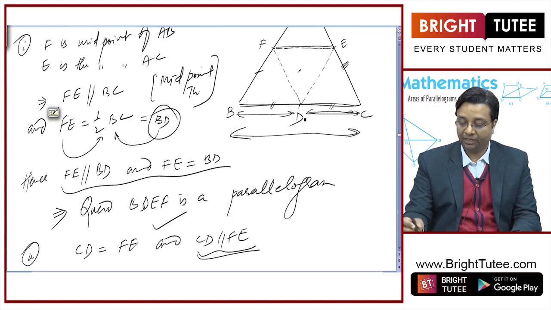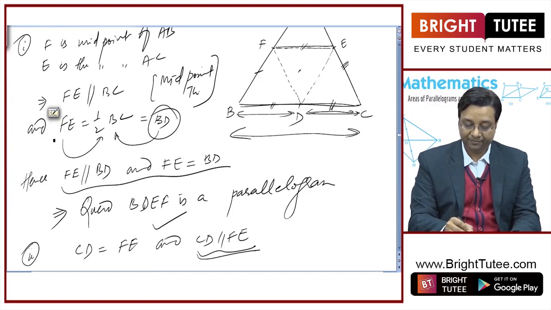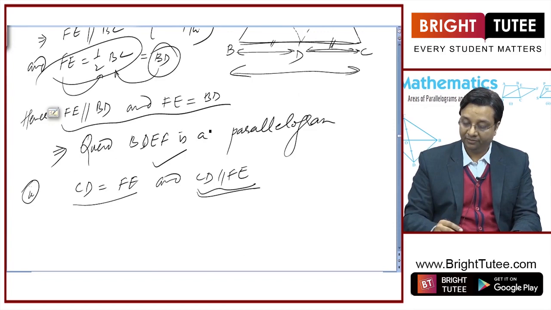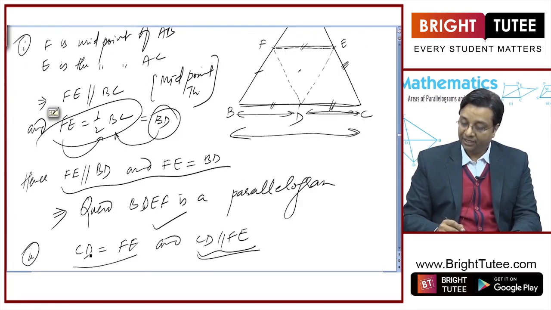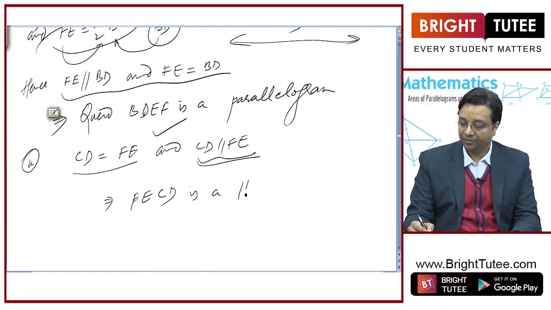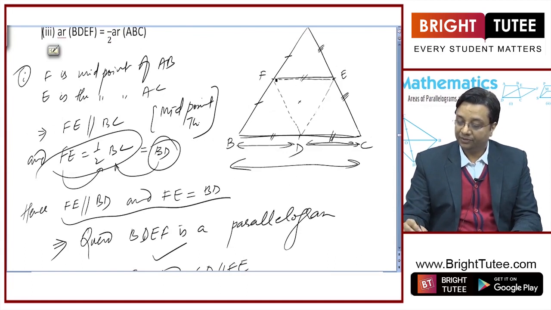So CD is also parallel to FE and CD is half of BC. Similarly, FE we have proved half of BC. So CD is equal to FE and CD is parallel to FE. Hence I can say FECD is a parallelogram, right? So this is another parallelogram here.